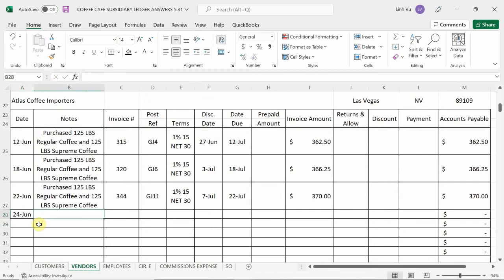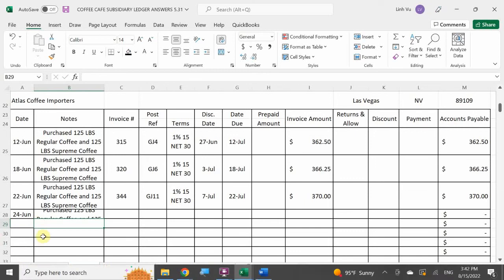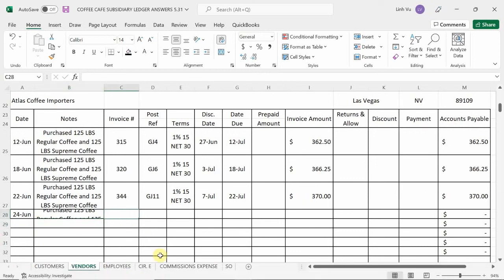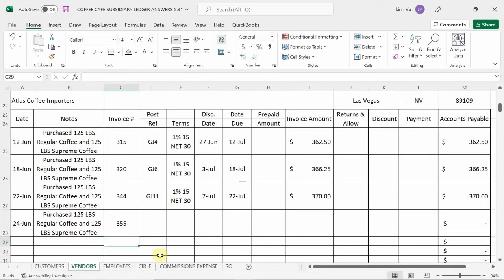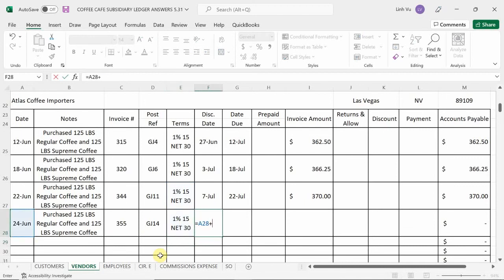So we purchased 125 of the regular and the 125 Supreme. The invoice was 355 on page 14. Same terms. Due date is the 9th.